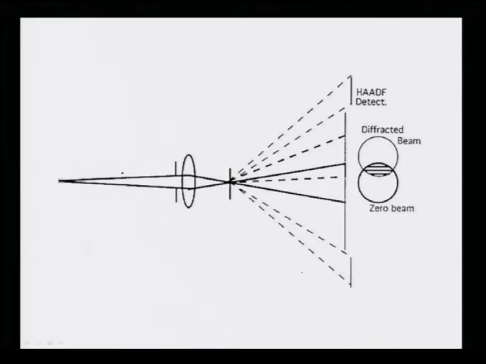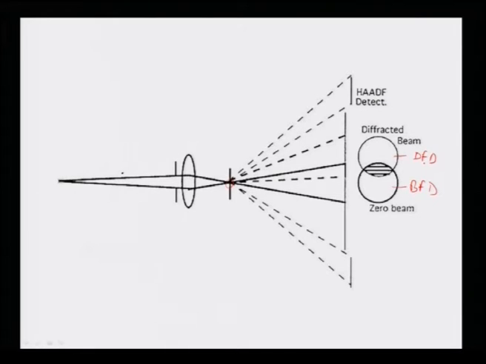So, as the beam falls on the specimen, one part of the beam gets diffracted. That is what this diffracted disc shown here is. The other part is called the zero beam, which is not undergoing any diffraction, as the forward scattered beam. So, we can put a bright field detector there, and a dark field detector there, and obtain conventional bright field and dark field images.